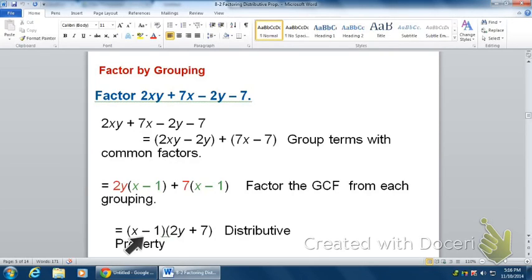And secondly, they had their GCFs, whatever's in red, in the second factor. I had a 2y here, so I put 2y. I had a 7 here, so all I did is put 7 here. And this is how you factor by grouping. This is your answer: x minus 1 and 2y plus 7.